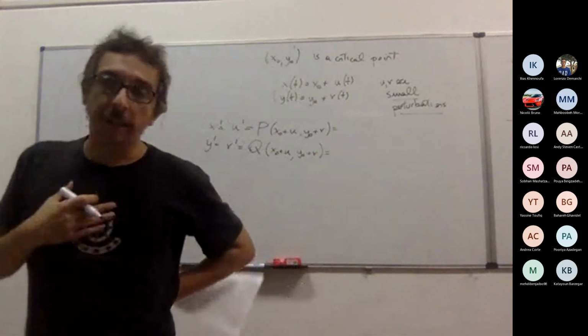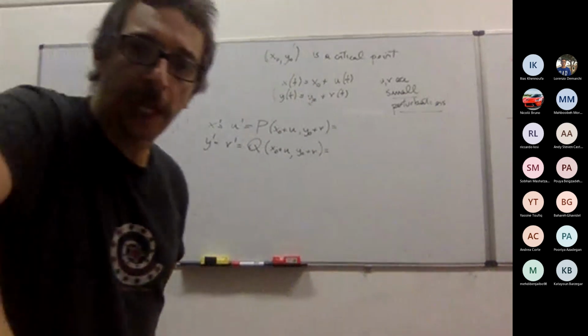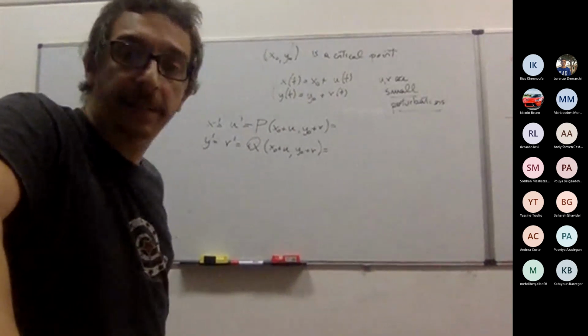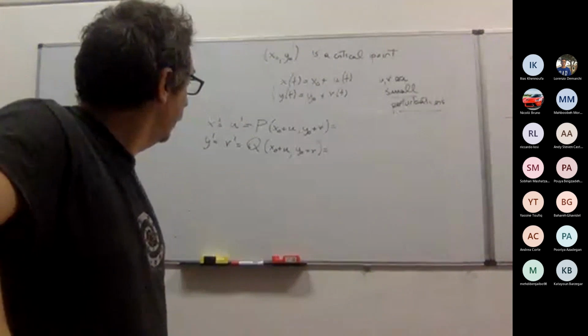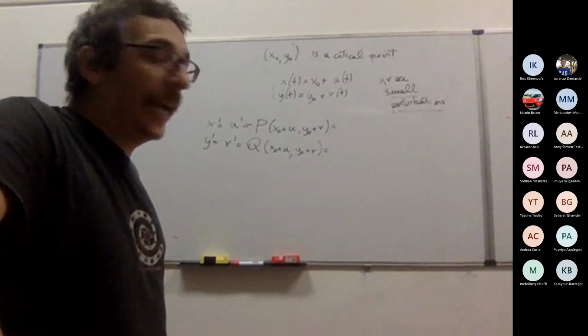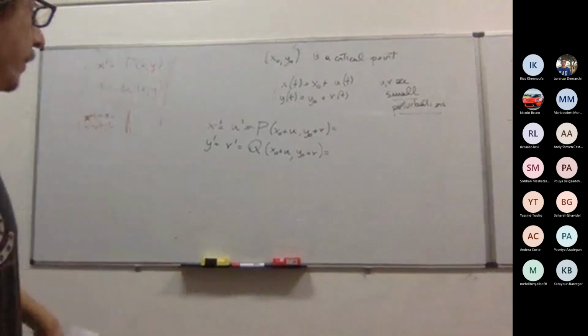Now, what I'm doing here is to Taylor expand these functions around x naught and y naught.